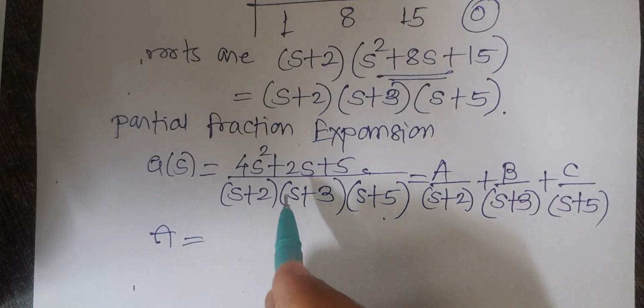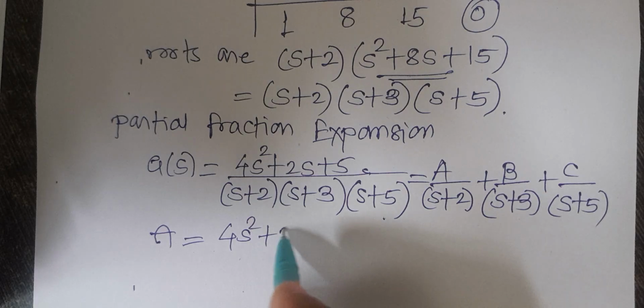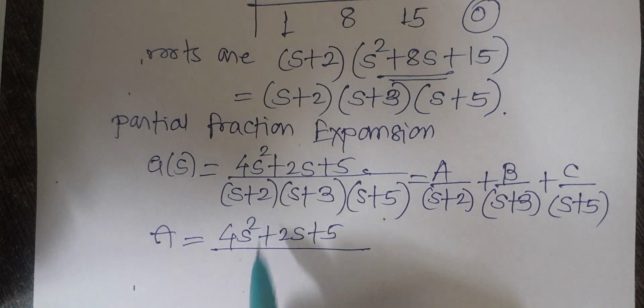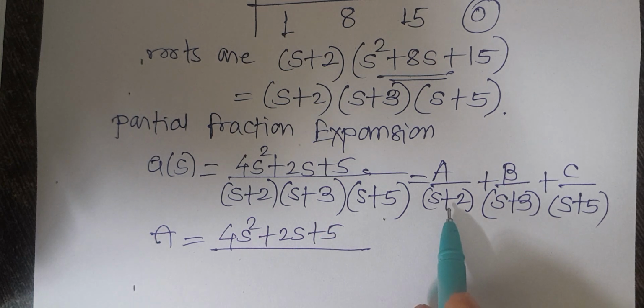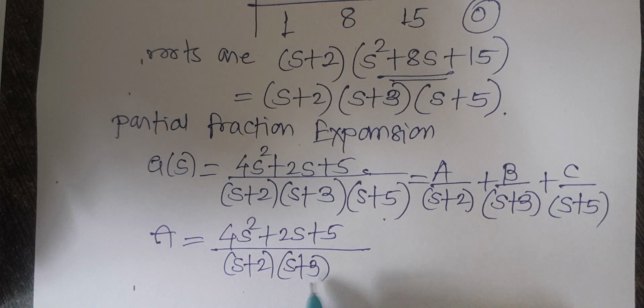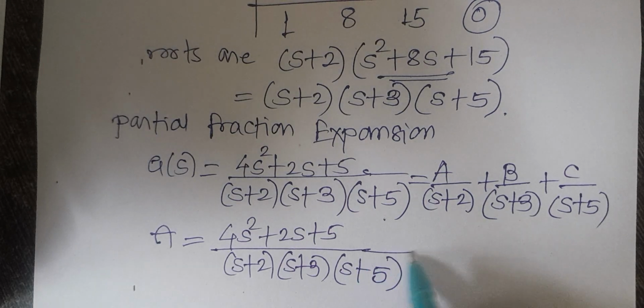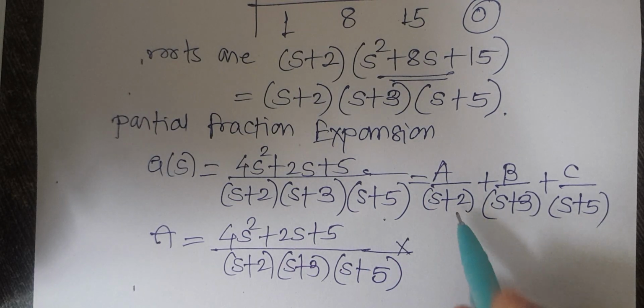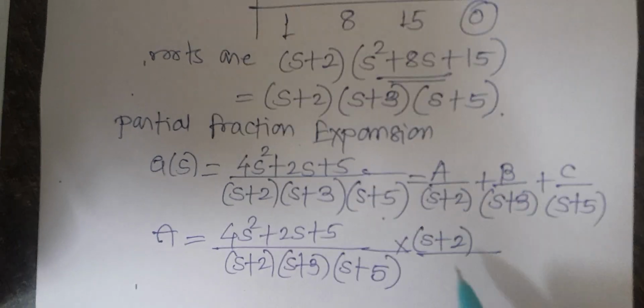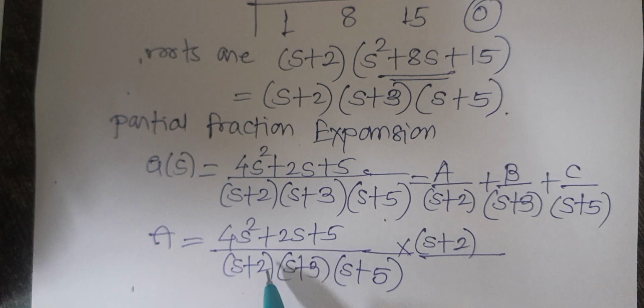For example, A is 4s square plus 2s plus 5 divided by s plus 2, s plus 3, s plus 5, multiplied by s plus 2, because the denominator factor is s plus 2.